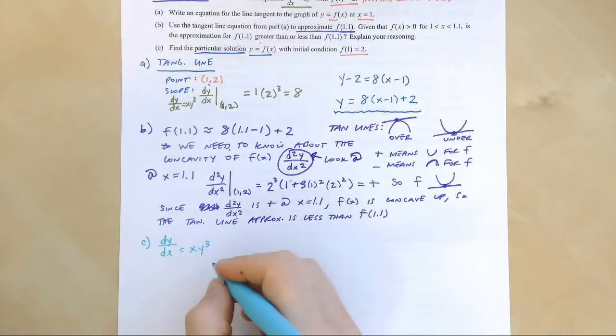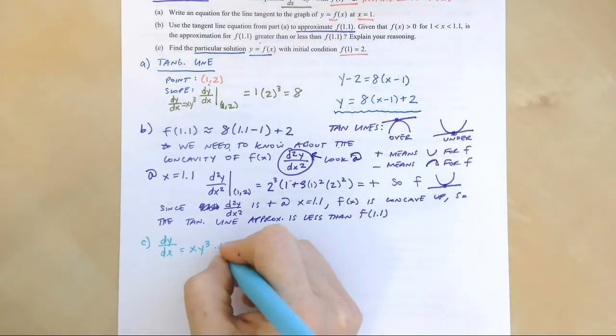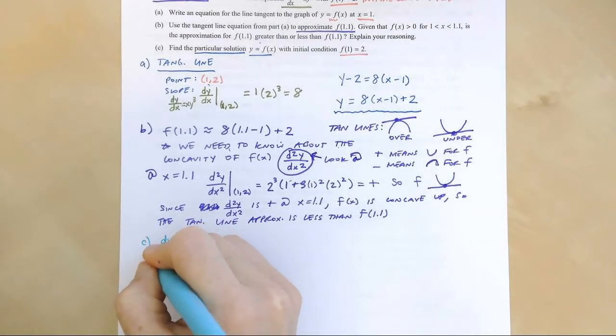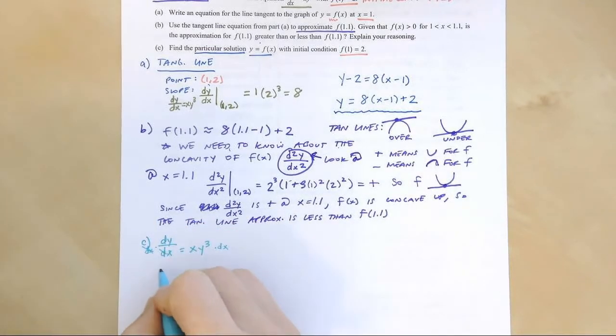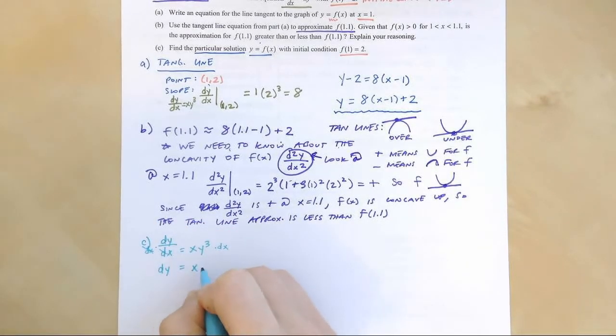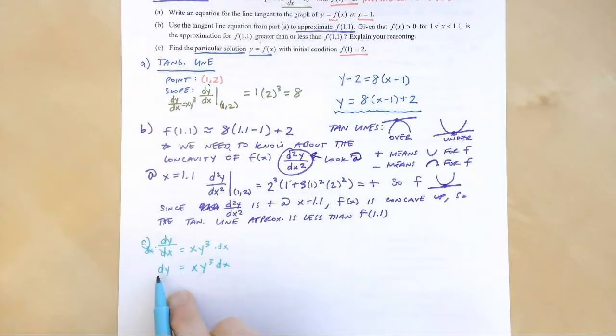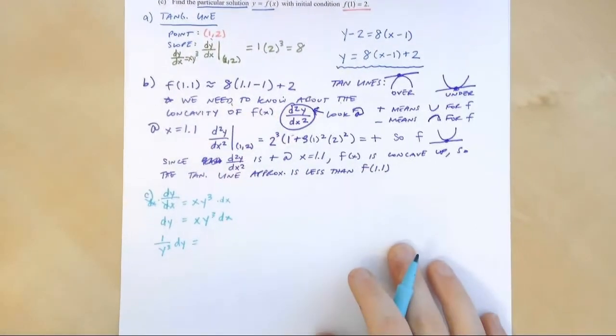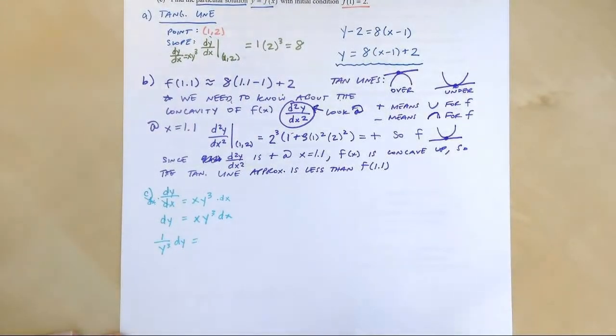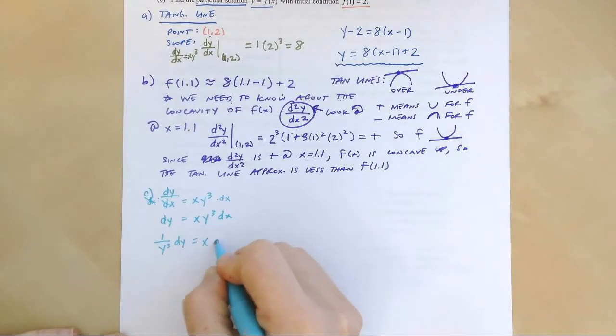Separation of variables. We're going to multiply dx on both sides, times dx times dx. Cross them out on this side. We have dy equals x y cubed dx. I'm going to divide this y to this side, so we have 1 over y cubed dy equals x dx.